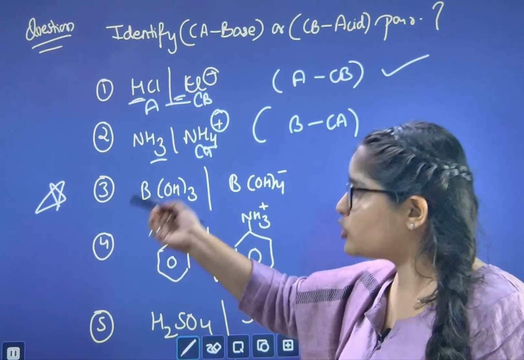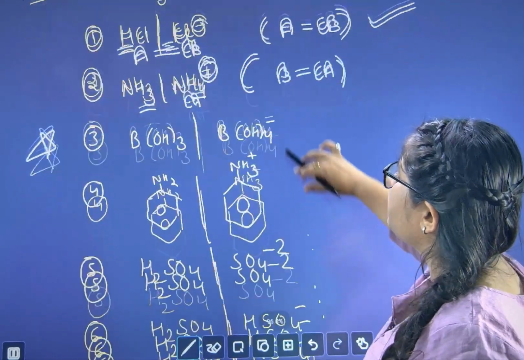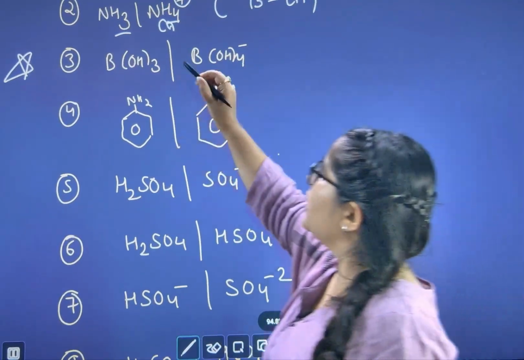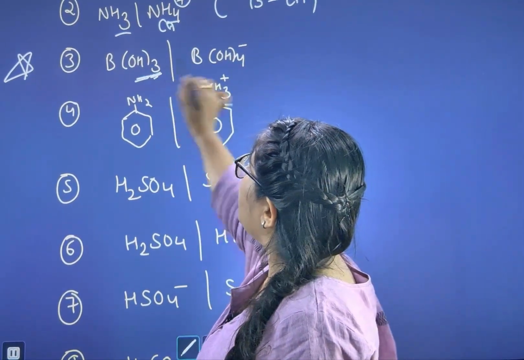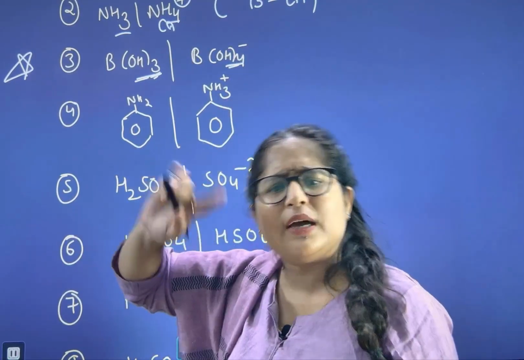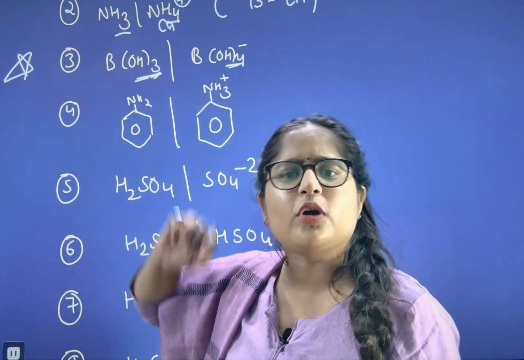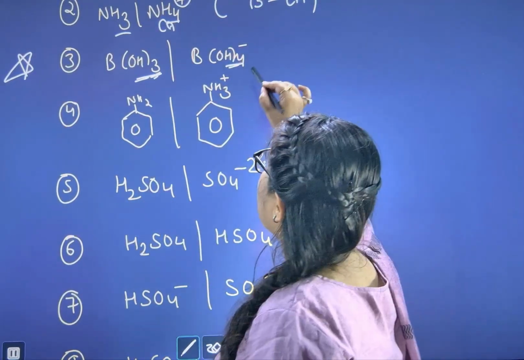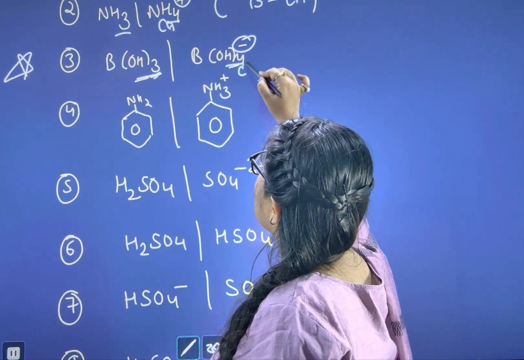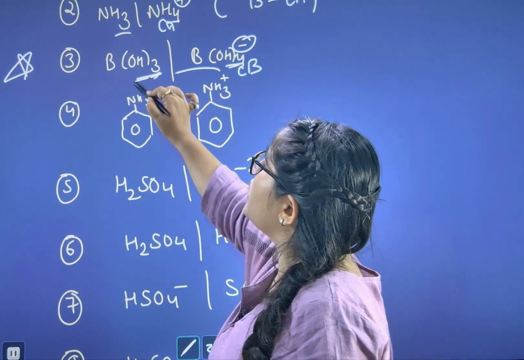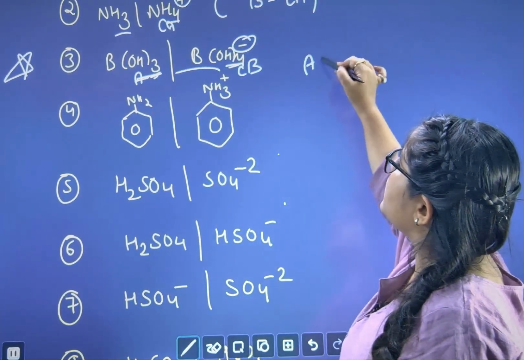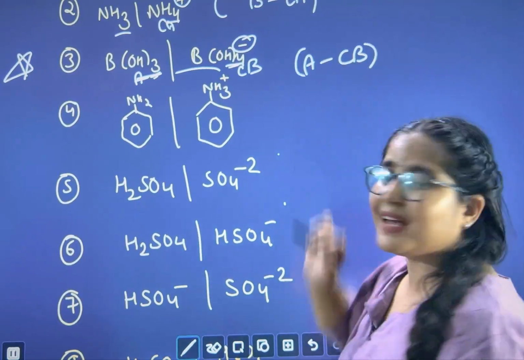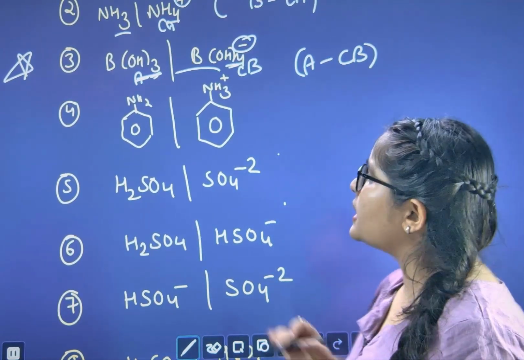Try quickly, solve questions 3, 4, 5 on your own. Okay, now let us see here. Here OH3 and here OH4. So one proton difference only, right? Here it is minus, so it is a conjugate base, and the conjugate base comes from the acid. So it is an acid conjugate base pair, right? Let us see the next question.